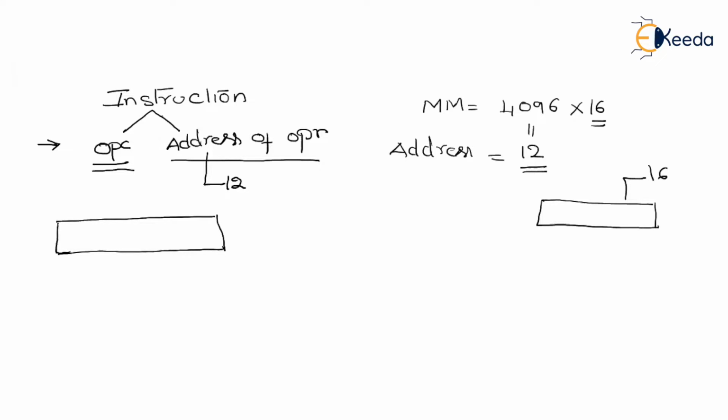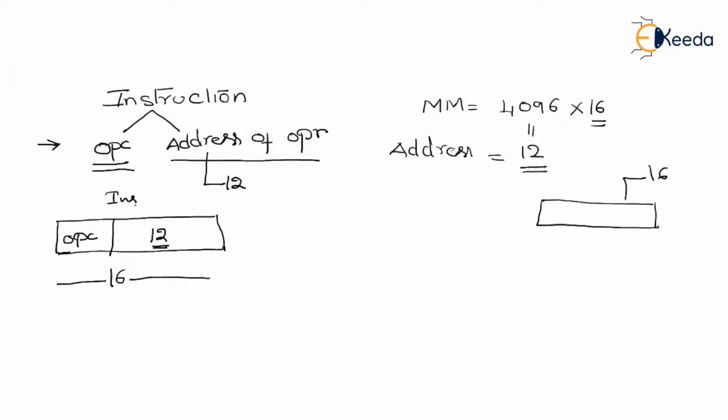So in an instruction, there will be an address all the time. One field is always an address. What this address is, we'll understand later. Understand that this instruction has two fields. One field will hold a memory address and the additional field is called the opcode field. The total is equal to 16.